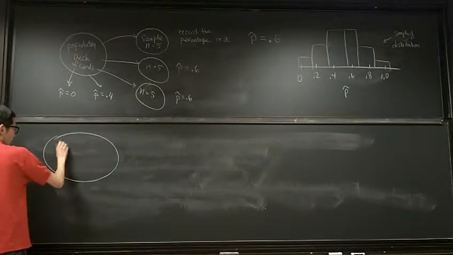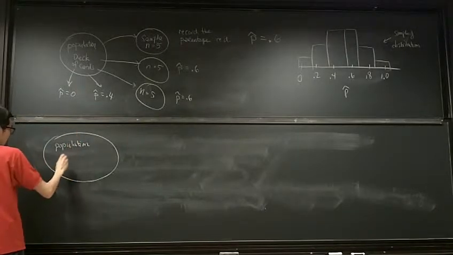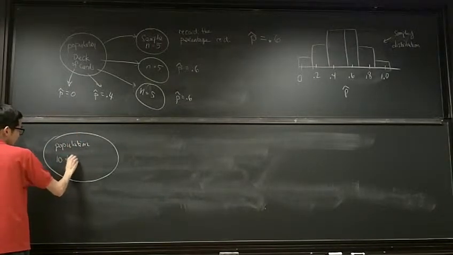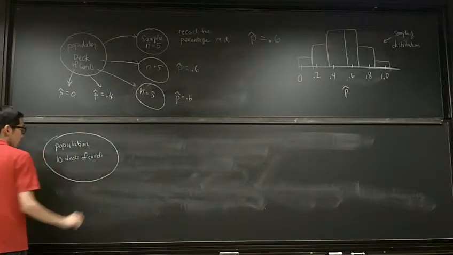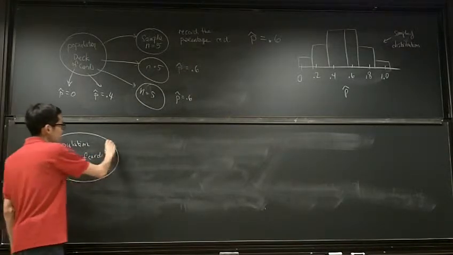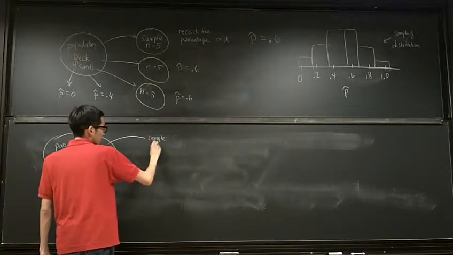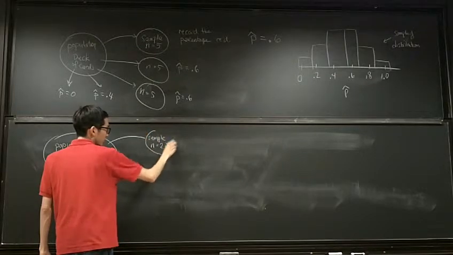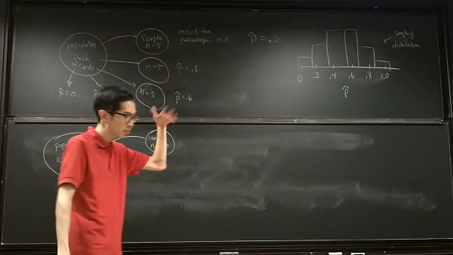Again, I've got a population. This time, we'll say 10 decks of cards. I'm going to take out samples of n equals 20 cards. So just imagine this happening.